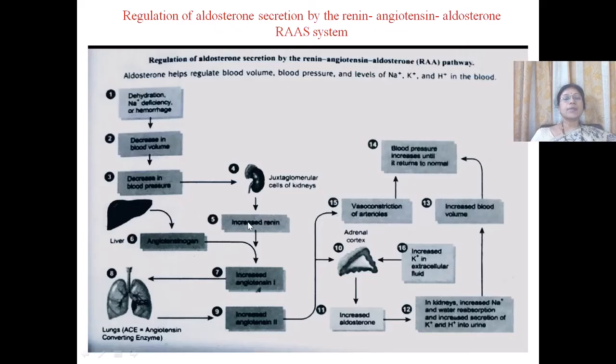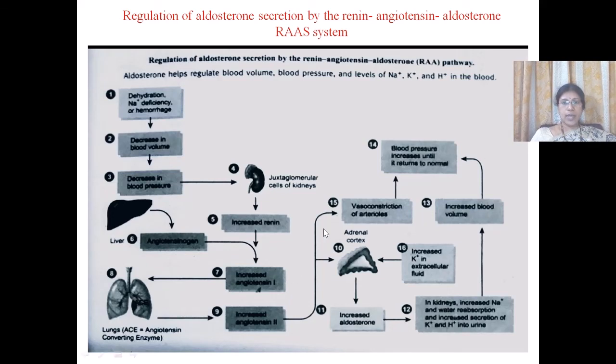Renin enzyme converts the peptide hormone angiotensinogen to angiotensin 1. And this angiotensin 1 is again transformed into angiotensin 2 by an enzyme called angiotensin converting enzyme. The angiotensin 2 has three roles to play.